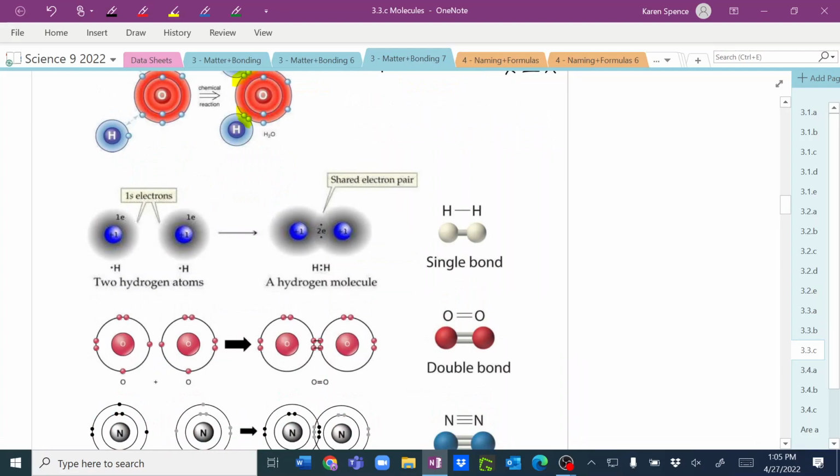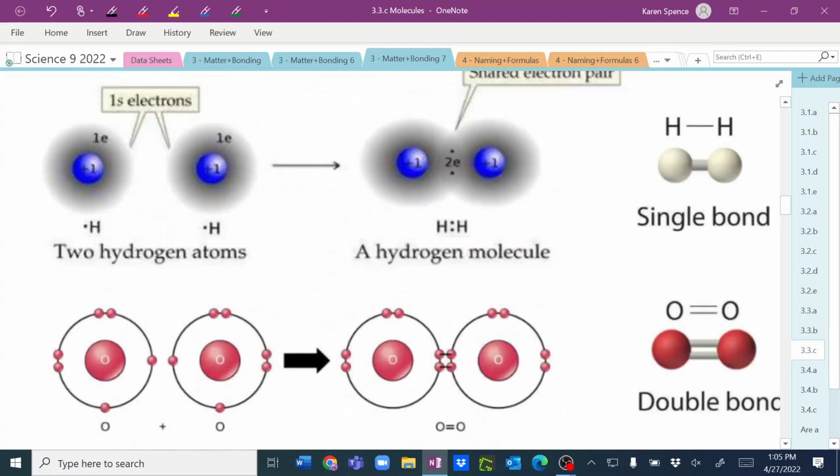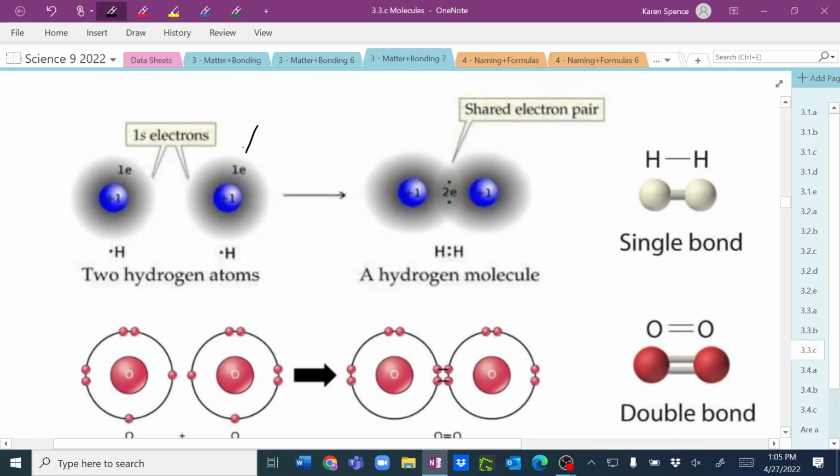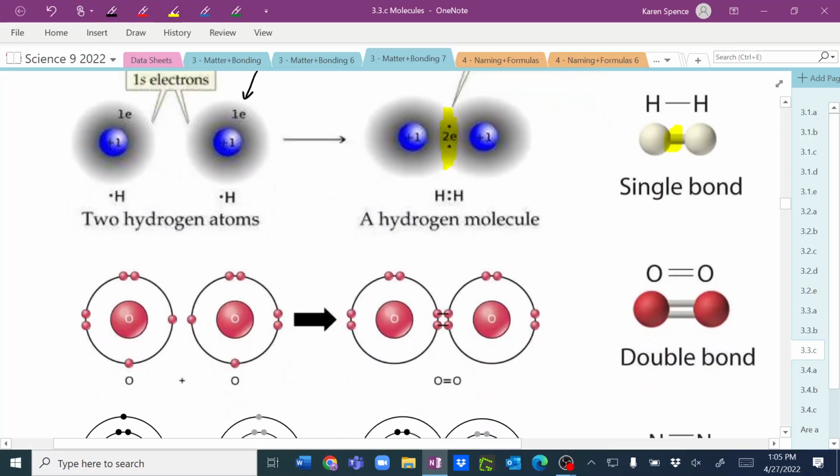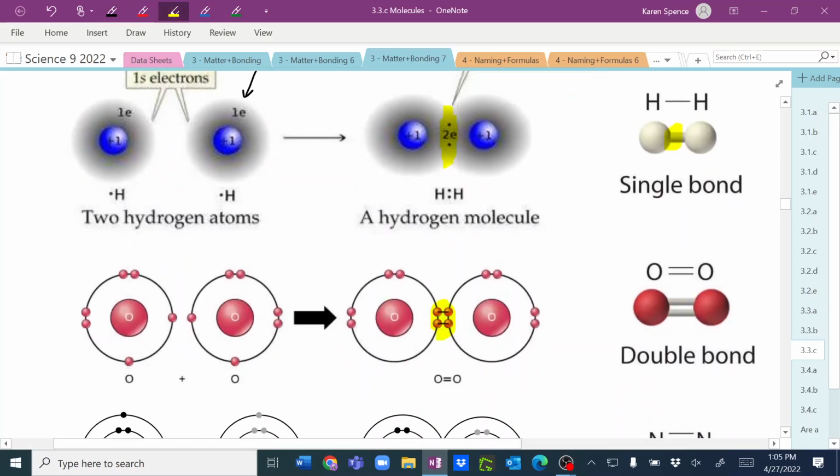Okay. What model of the atom do we have here? That's our electron cloud model. Yes? Yeah. Okay, and you can see we have one pair of shared electrons gives us our single bond. 2 pairs of electrons gives us our double bond.